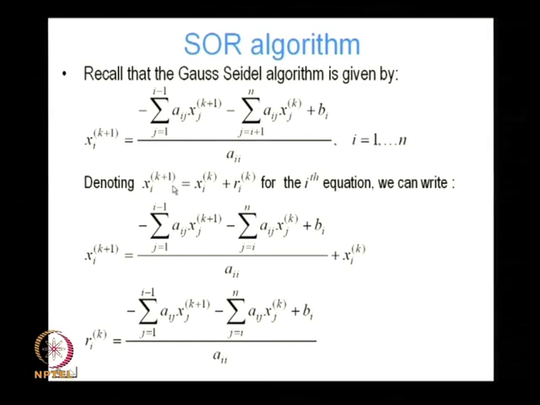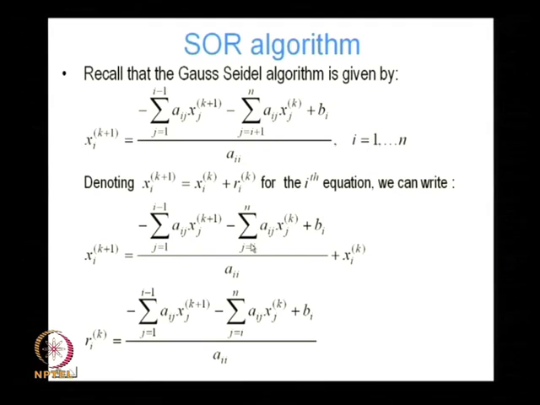Then we denote x_i^{k+1} is equal to x_i^k plus r_i^k for the ith equation. In that case, we can write x_i^{k+1} is equal to, this part remains the same, but this part, instead of summing from j equal to i plus 1 to n, now I am going to sum from j equal to i to n. So, I am adding an extra term here. What is that extra term?